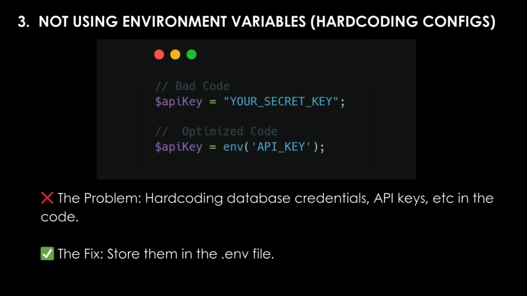So it is a very bad practice. So let's check how to fix it. Store sensitive data in your .env file and access it with env(). So the optimized version is the $apiKey variable, and use env to fetch this API key. So this keeps your key safe and easy to change as per environment. So use environment variables instead of hard coding configurations.